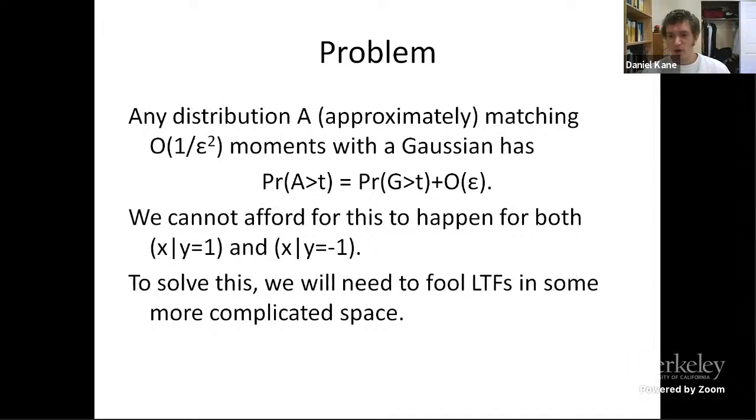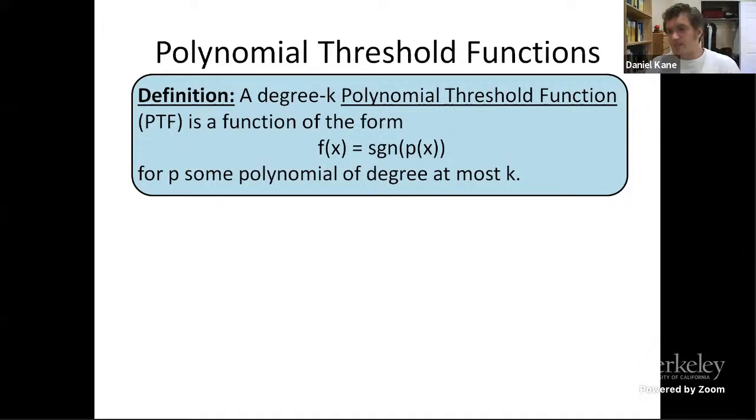And so to solve this problem, we're going to need to find another way of phrasing. We're going to need to produce this sort of non-Gaussian component analysis problem that isn't itself an LTF, but corresponds to a linear threshold function in some more complicated space. And the way we're going to do that is by looking at polynomial threshold functions.